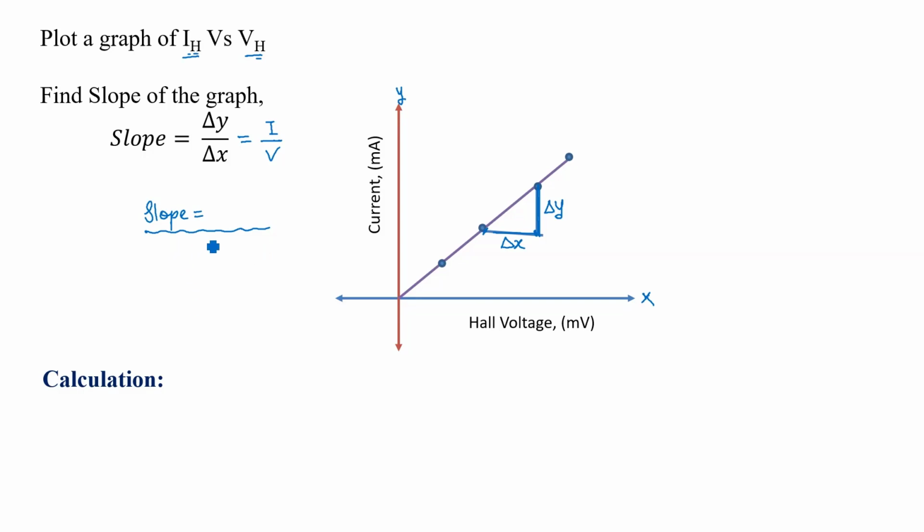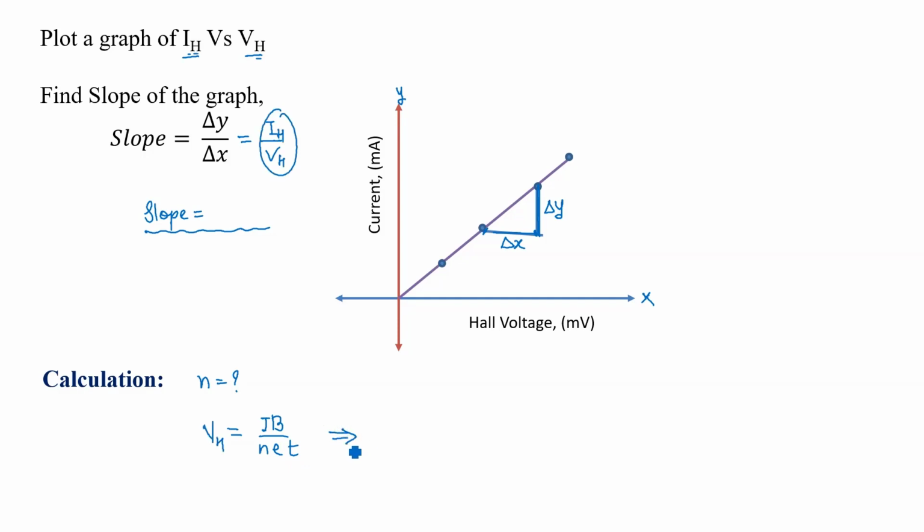Now from this slope we can find the value of the carrier concentration, that is N. We know that the Hall voltage VH is equal to IB upon NeT, where e is the charge and T is the thickness.